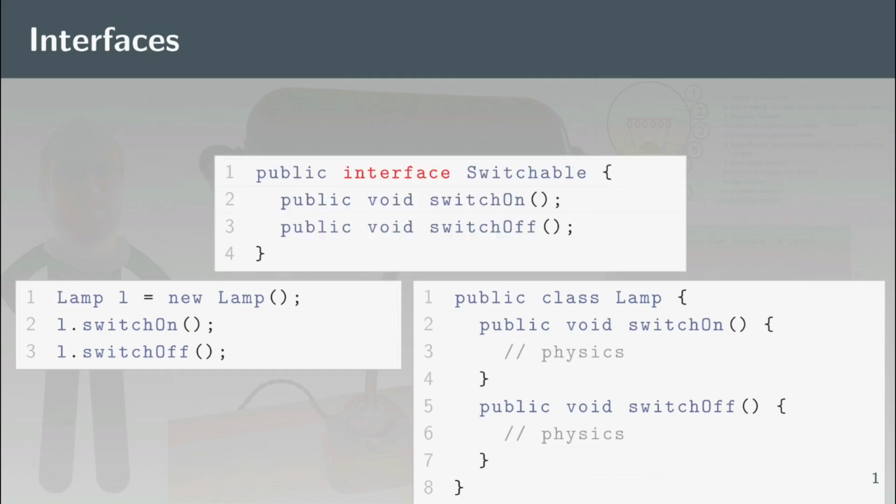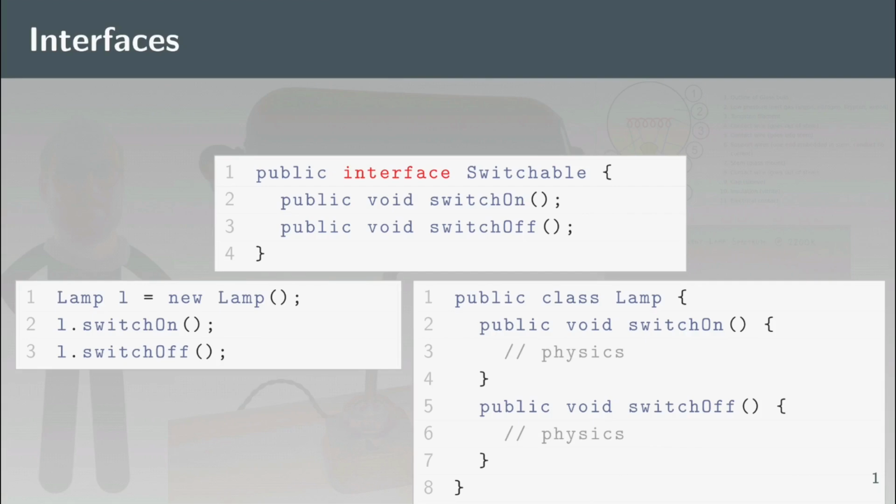In code, this looks as follows. An interface definition is very similar to a class definition that only contains method signatures, so none of the method bodies, and the syntax uses the keyword interface instead of class, and all of this would live in a .java file, just like class source code does.